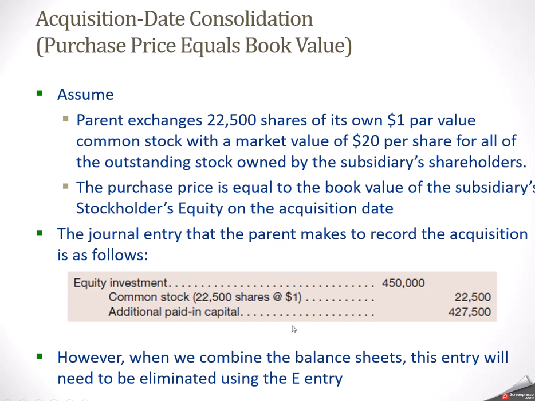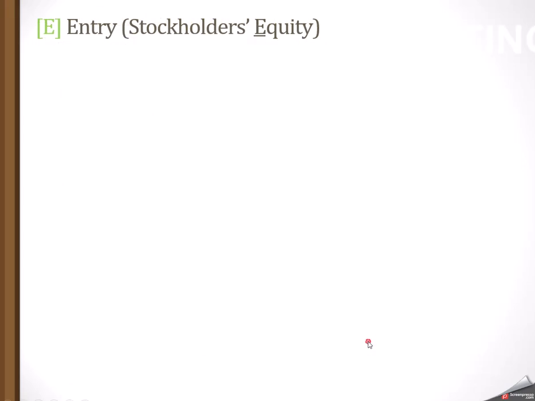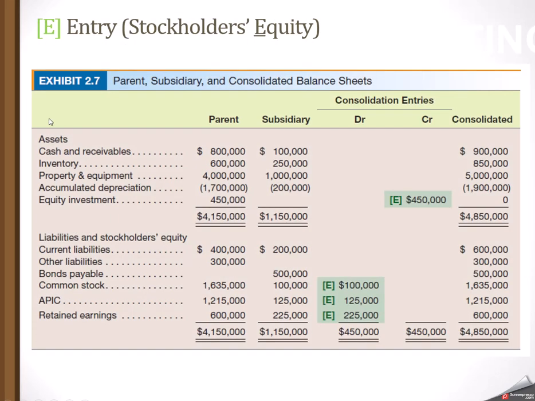Now when we do the journal entry, again going back to our accounting rules, what goes to common stock is the par value, so the 22,500 shares at par, and then any value over that goes to paid-in capital. Then when we go to combine those balance sheets, we are going to need to eliminate those. So this is our first consolidating entry. Please note, this is our first time we see it.